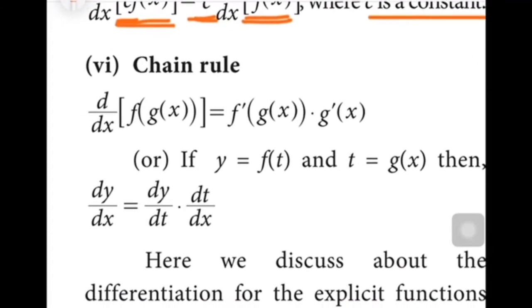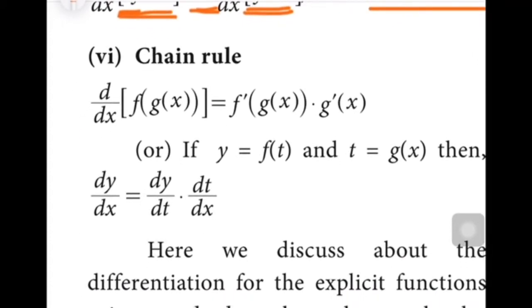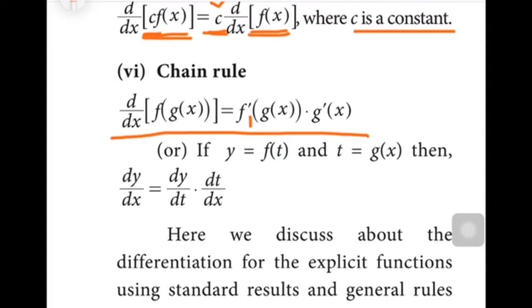Chain rule. D by dx of f of g of x is equal to f dash of g of x into g dash of x. If there is a function inside a function, then you have to differentiate it: f dash of g of x into g dash of x.